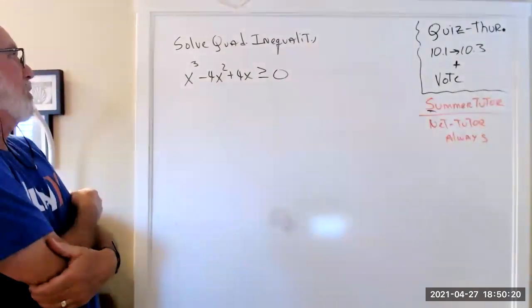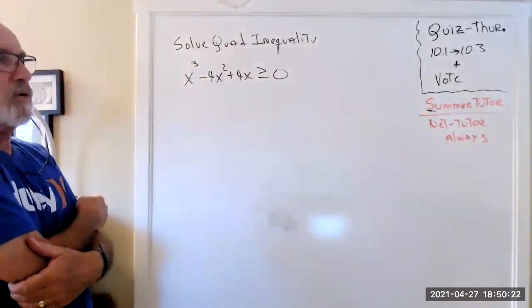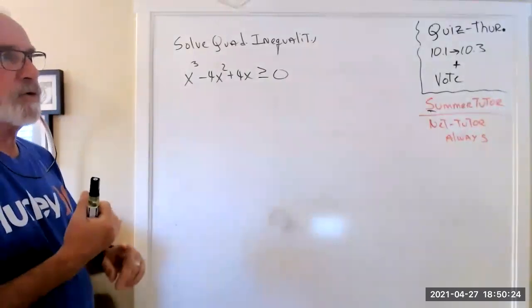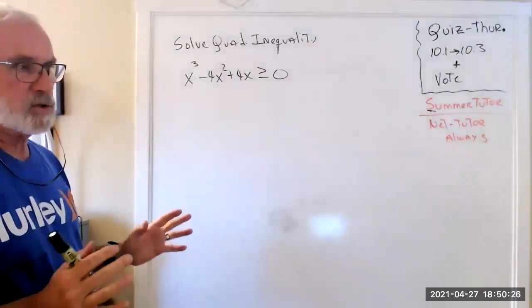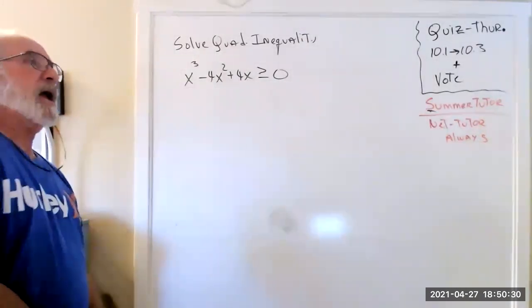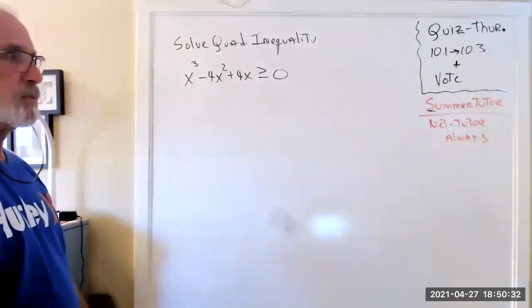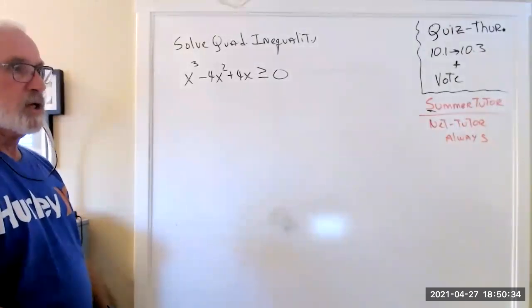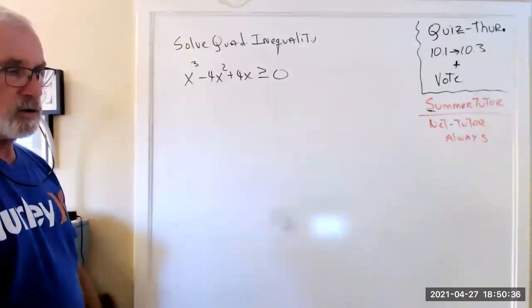And a lot of you guys got the right answer for all the wrong reasons. You guessed, you tried to use logic on it, and you got the right answer on the quiz, but you got it for all the wrong reasons because I looked at your work.